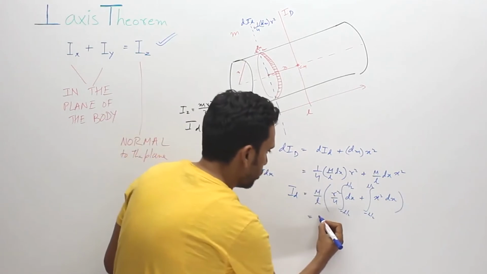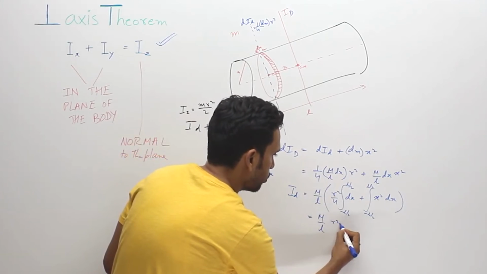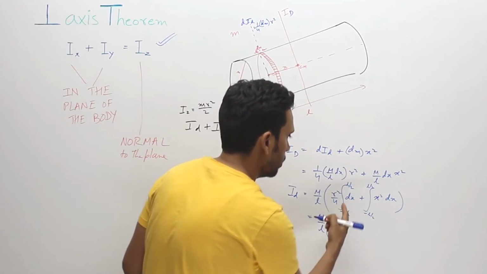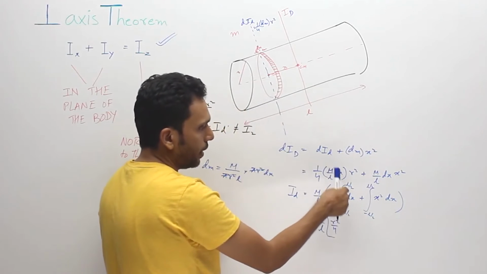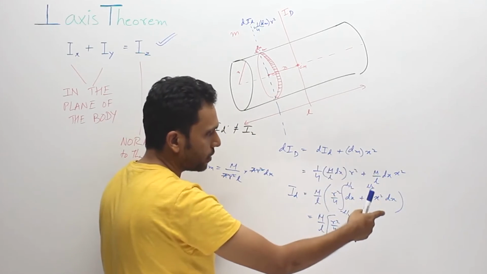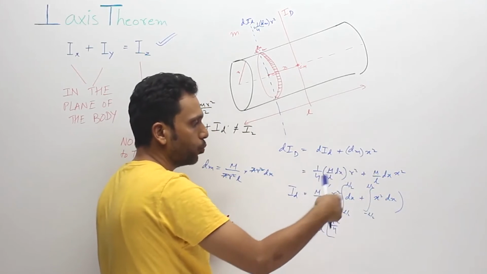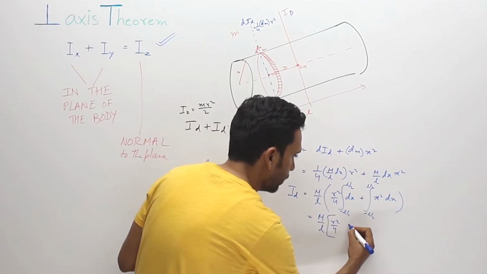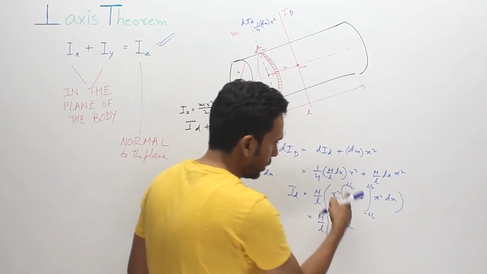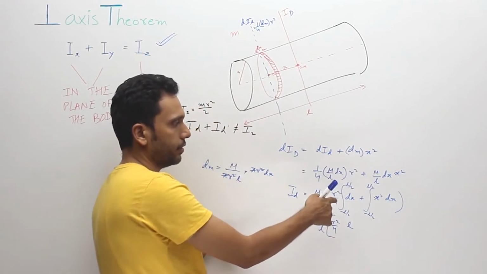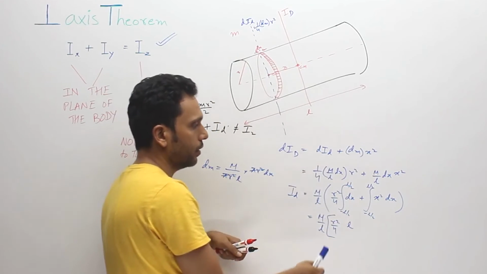So what do we get for the first one? M by L and then r square by 4 was earlier, and you'll get L by 2 minus of minus L by 2. So you'll get L by 2 plus L by 2. So that will result in L. Your integration is x, upper limit L by 2, lower limit minus L by 2.